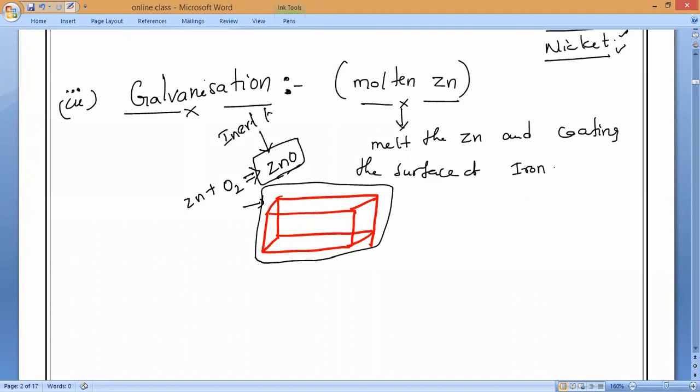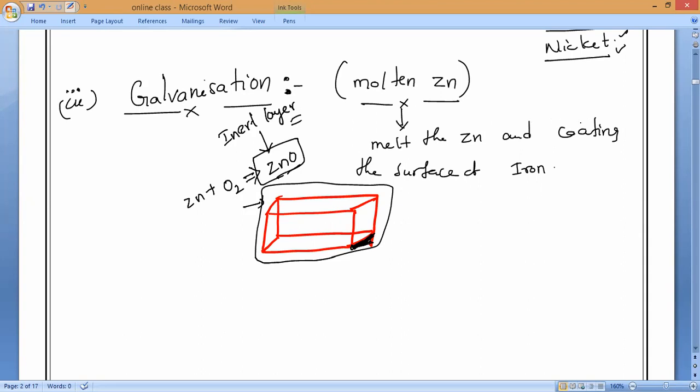Once it forms, it won't allow oxygen to go inside, so there is no further supply of oxygen and the iron is protected from corrosion. That is what you have to remember. Galvanization is the process of coating the iron surface with a thin layer of zinc to prevent the rusting of iron.